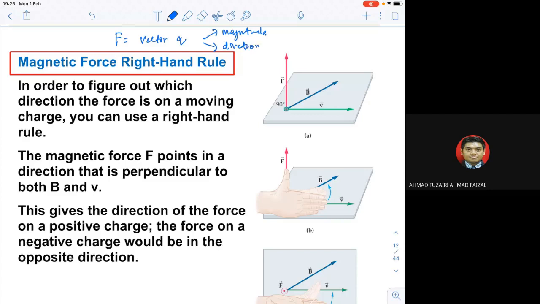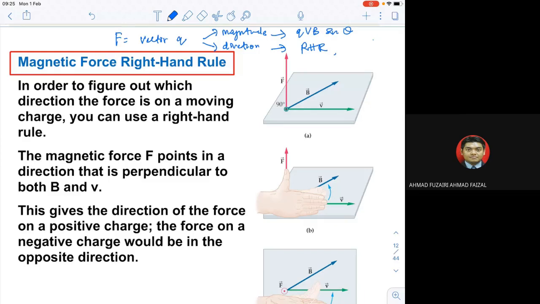The magnitude is given by the equation qvB sine theta, and the direction we find using the right hand rule. So what is the right hand rule? In order to figure out the direction of the force on a moving charge, you can use the right hand rule.